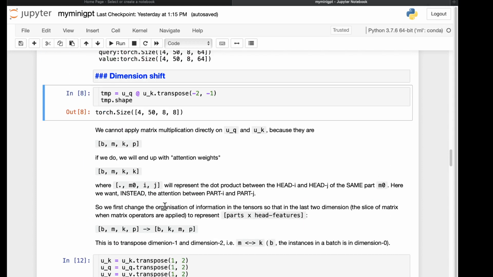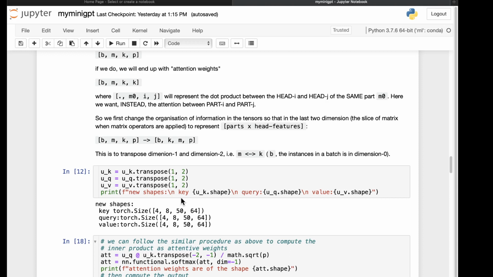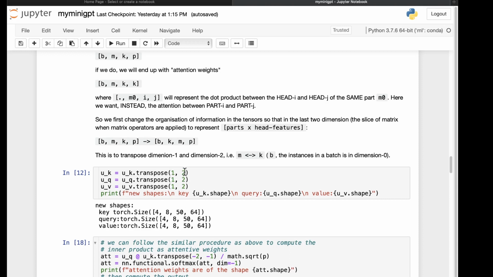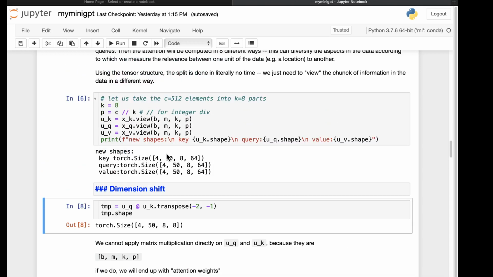This part, please give it a read. We will first transpose the middle 2 dimensions of those reorganized data. So we will swap the dimensions of 8 and 50. Basically, we reorganize the data and let the 8 different parts take the dimension ahead, and let the 50 get into the last 2 dimensions.